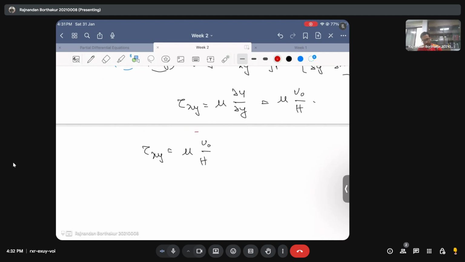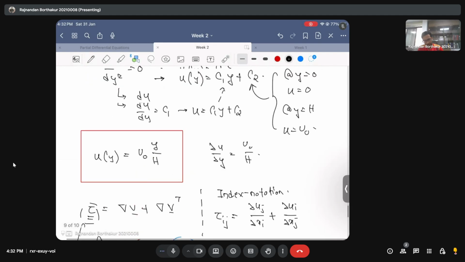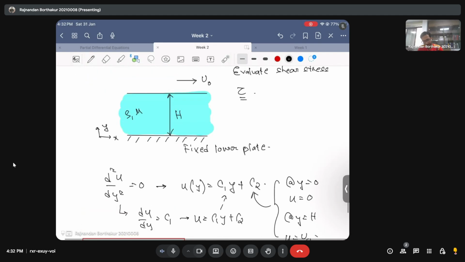So you can see that when you have a linearly varying velocity profile, your stress is constant throughout. If you plot the velocity field here, this is linear, which is u naught y by h. This is the variation.